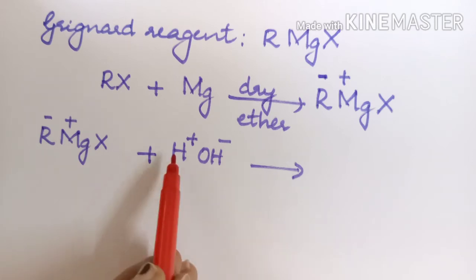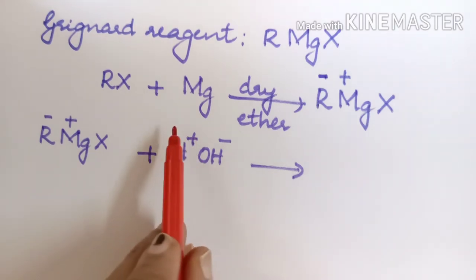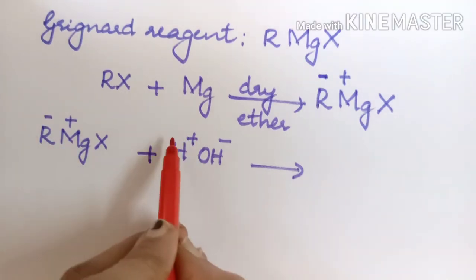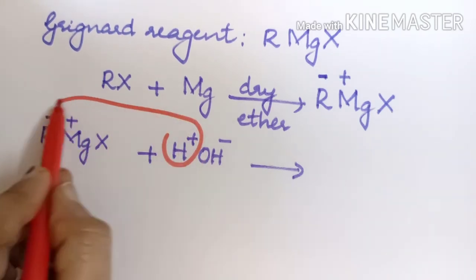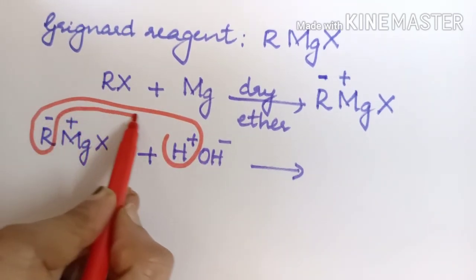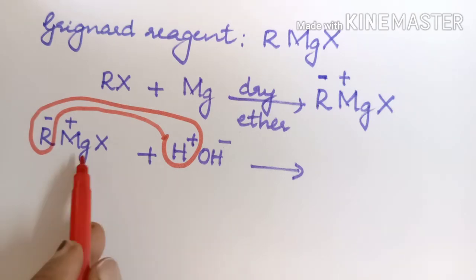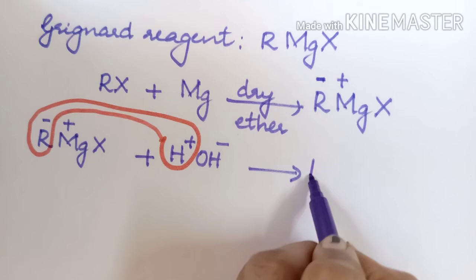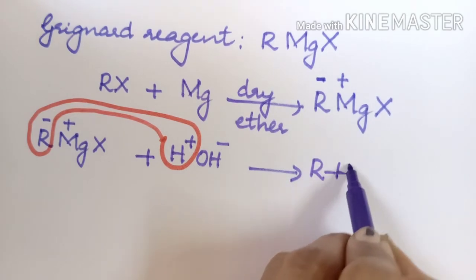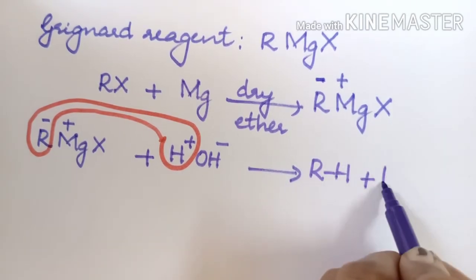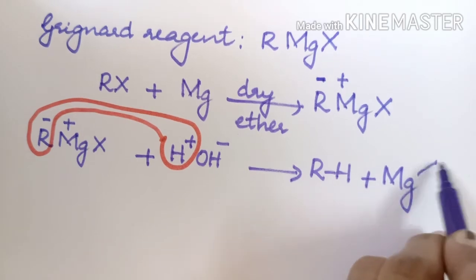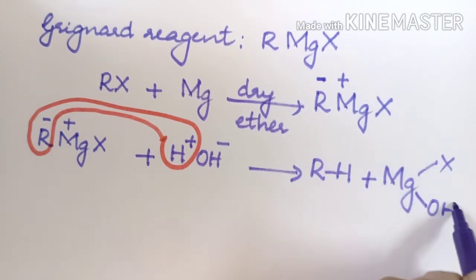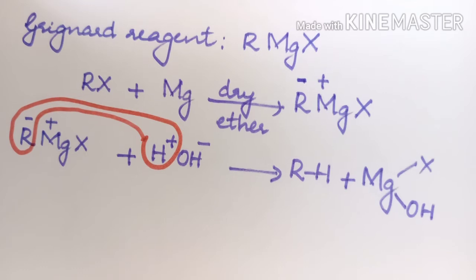Here opposite sides will combine together, resulting in RH, the corresponding alkane, and MgXOH is formed as the side product.